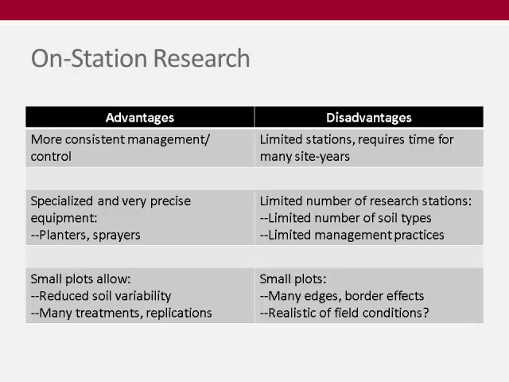When we're only dealing with plots that are in the 100 or 1,000 square foot range instead of the 10,000 or 100,000 square foot range, we have a lot less soil variability that we have to deal with. And then, of course, because they're small, we can have many, many treatments.